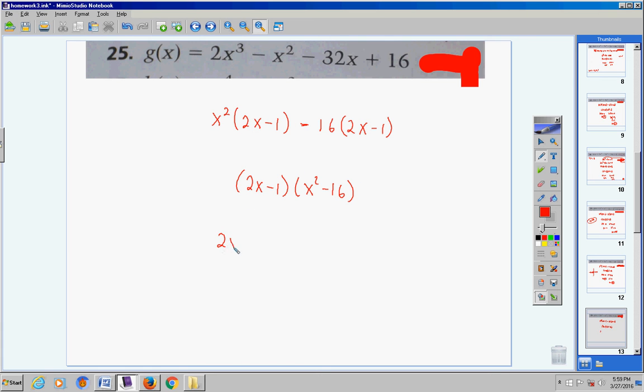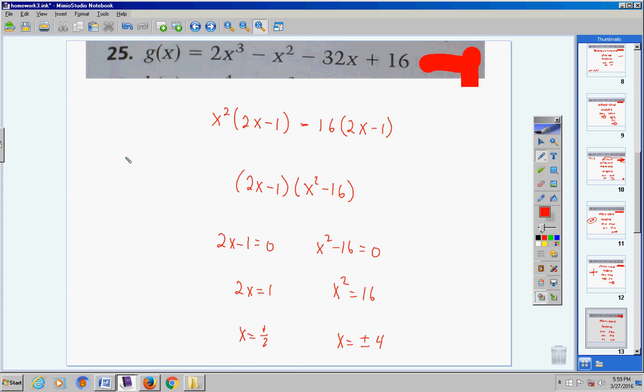Now take each group and set each group equal to 0. Bring your 1 over and make it positive. 2x equals 1. Now divide both sides by 2. And there's 1, 0, 1 half. Over here, bring the 16 over and make it a positive 16. Take the square root of both sides, and you get positive negative 4.